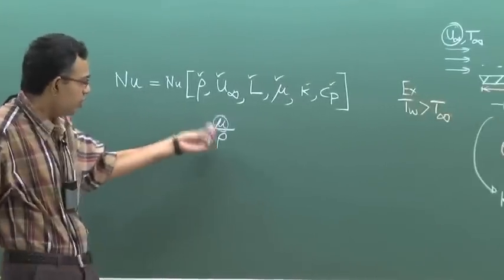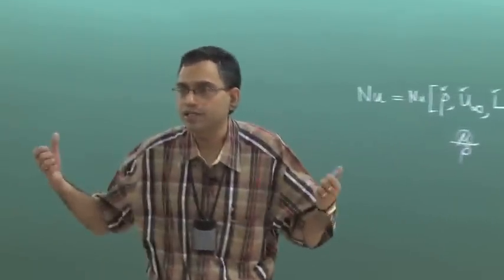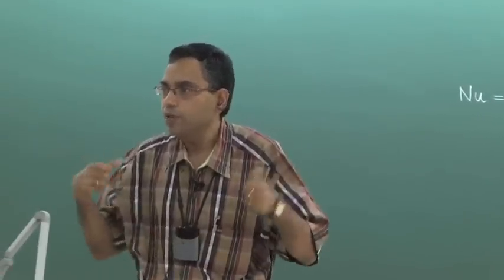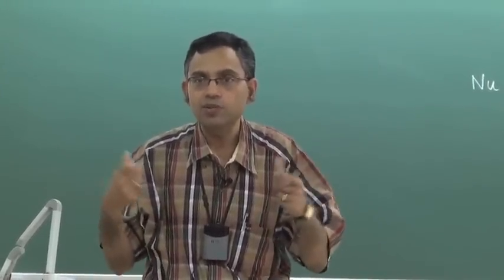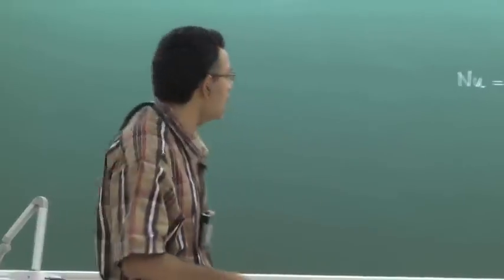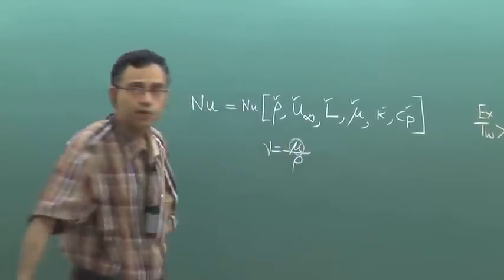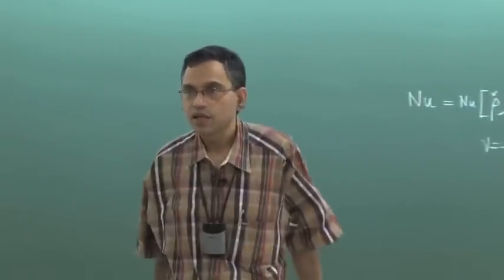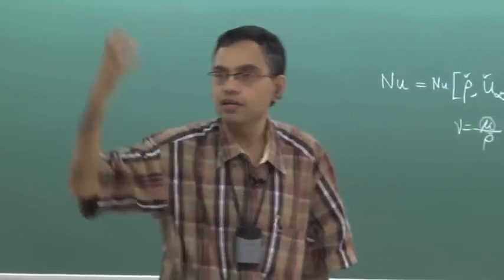And it is very interesting that there are different types of fluids which grossly vary in mu and rho, but in terms of the property mu by rho, there are many apparently different types of fluids which have close values of the kinematic viscosity. If you go to steel plants, you will find that there is flow of molten steel.